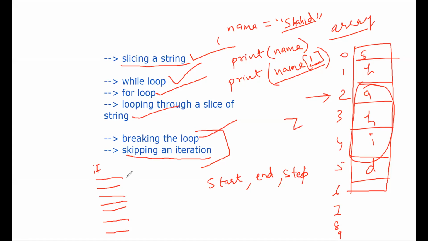But if it is a consonant, if it's not a vowel, then you have some further processing to be done. So at the beginning of the iteration, you check if that character is one of the vowels. Then you want to skip all these lines of code. You don't want these lines of code to be executed. So you just skip the iteration. You mention a keyword here telling Python to skip these lines of code and move on to the next iteration. Let's look at how you do it in the code, and it'll be easier to understand too.